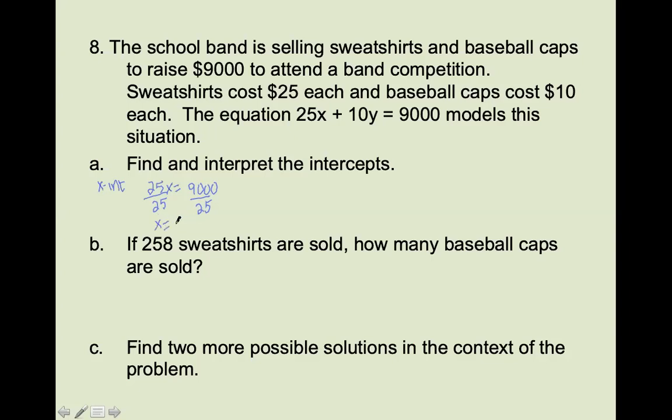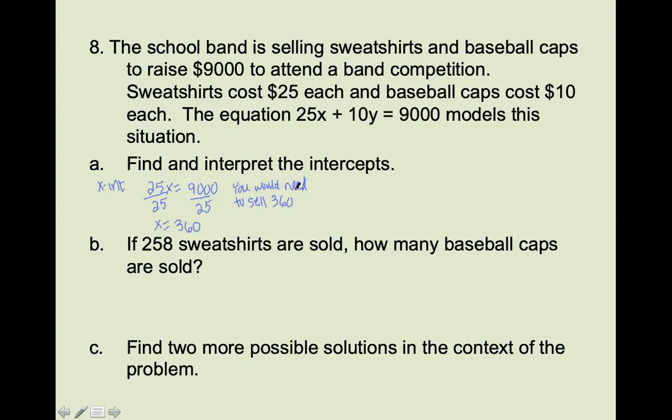So it's asking us to interpret this. If you're trying to raise $9,000, you would need to sell 360. We have to look at what x represented again. x represents the sweatshirts.